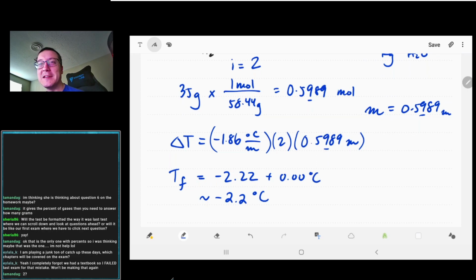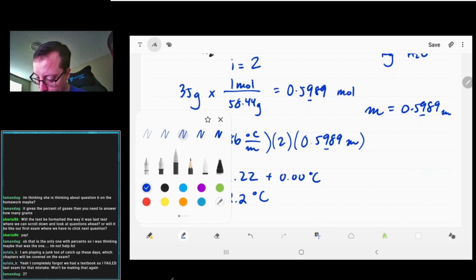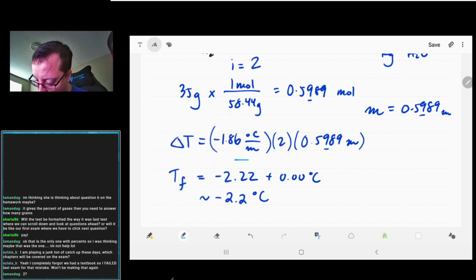So there we go. We have our final thing. In case we're not sure, this was of course delta T, and this was T initial.